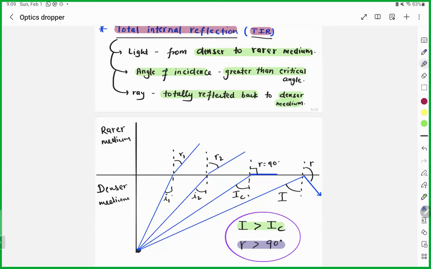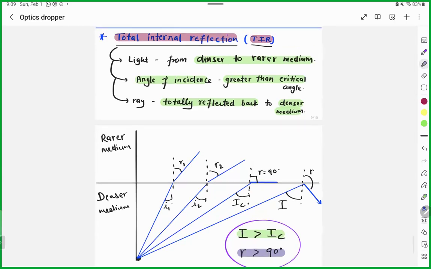Total internal reflection with diagram is important to understand. And if you understand this well, many applications follow.